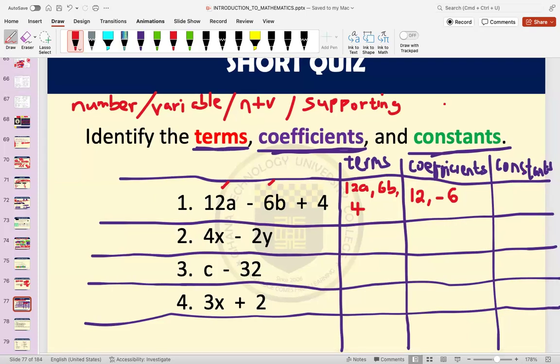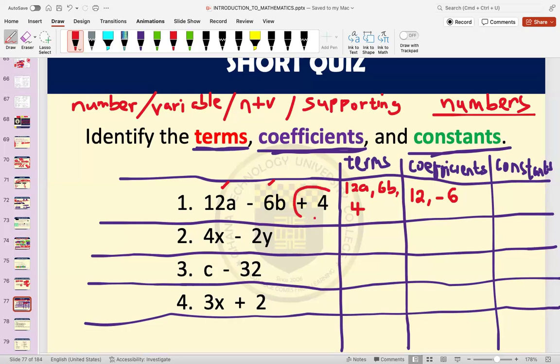And then we come to the constants. Constants, by definition, are only numbers, and not alphabets. When we look at this, the constant is also supposed to be picked with its sign.